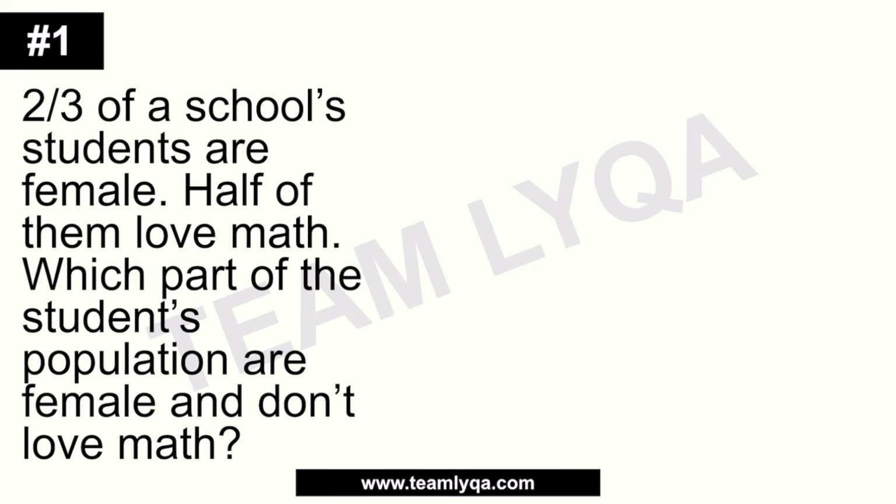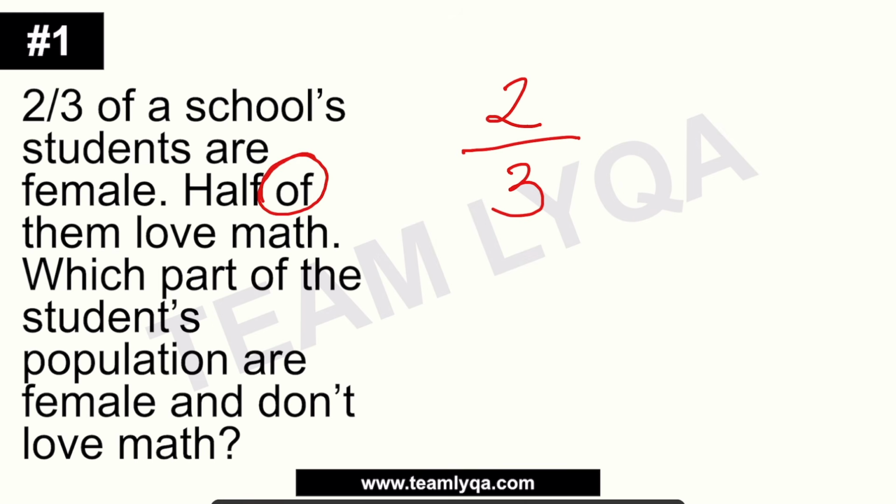Okay? So, now, we have yung unang information which is 2/3 daw ang female. Ang tinatanong, which part of the students' population are female and don't love math when half of them love math? Now, if you notice, there's a word here which I pointed out simula pa lang ng video: of. So, kalahati daw nito.